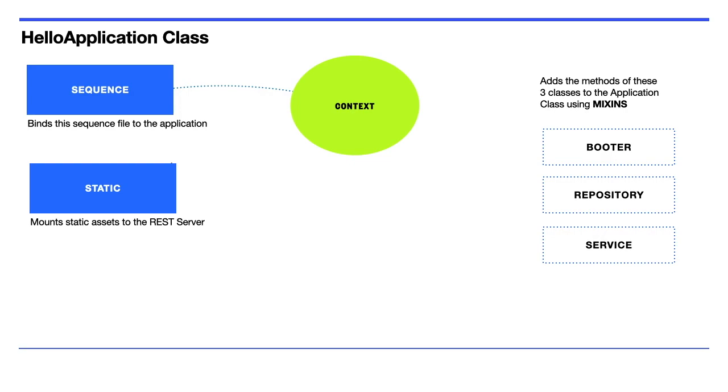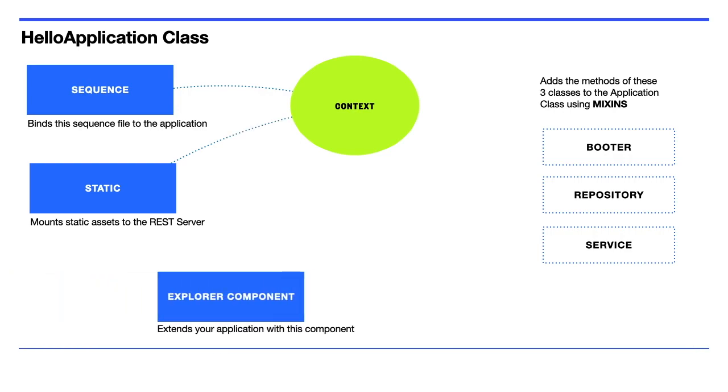And here it goes, the explorer, right? There is a component called explorer component, and this component is a package that contains its own controllers and its own functionality. This is the extensibility. So we need to register the explorer component into the context also, and we also need to call this component to mount all the booters for this specific component.